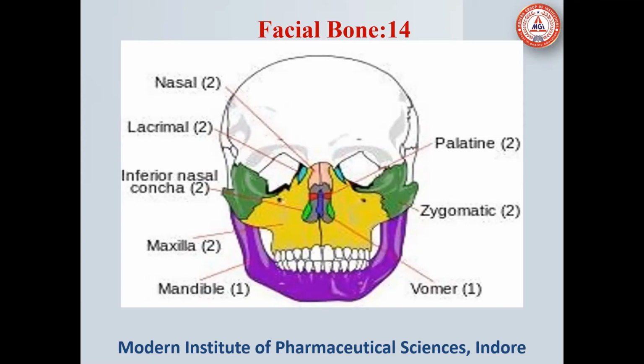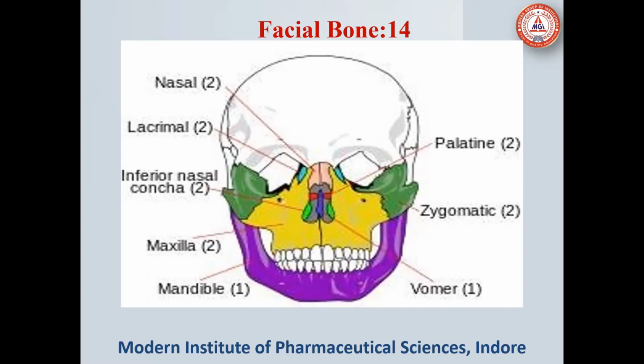The second bone is the maxilla. These originate as two bones, but fusion takes place before birth. The maxilla forms the upper jaw, the anterior part of the roof of the mouth, the lateral wall of the nasal cavity, and part of the floor of the orbital cavity.